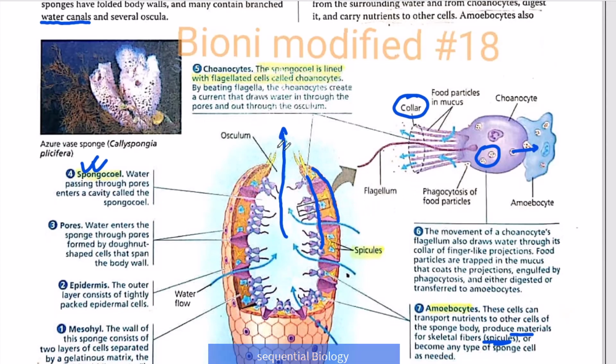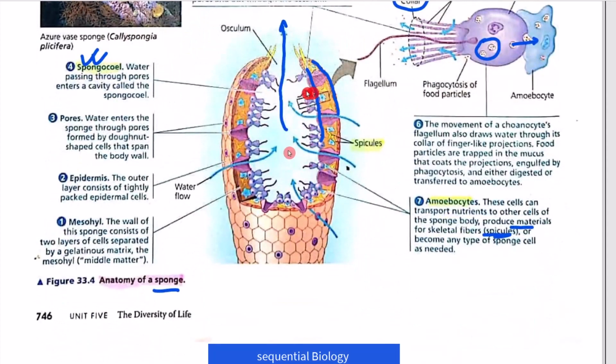The amoebocyte cell is present in another layer, which is between the two main layers, the outer epidermis and the inner endodermis. In between these two layers there is the mesohyl. The mesohyl is a gelatinous structure. Different types of cells are present there, and these cells originate from the amoebocyte. The amoebocytes can transport nutrients to other cells.